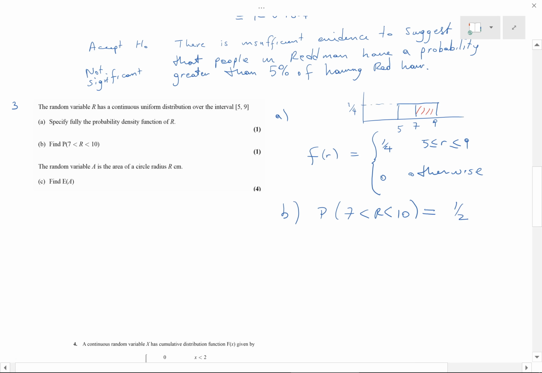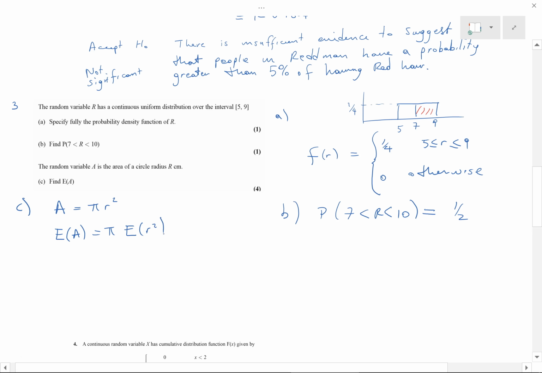Right, so part C, it says the random variable A is the area of a circle. We know what the area of a circle is. A is equal to pi r squared. So we want E(A) is equal to pi times E(R squared) using combination of random variables.